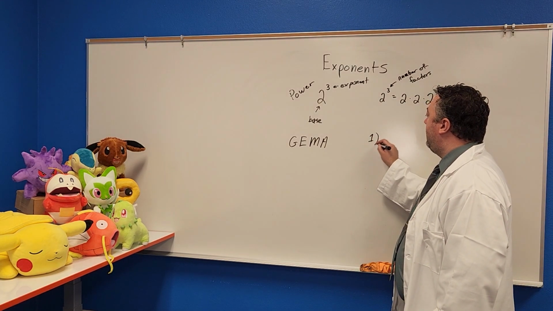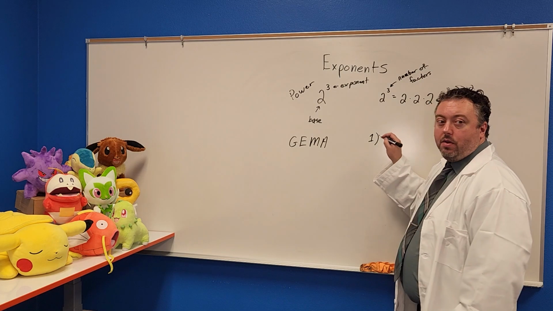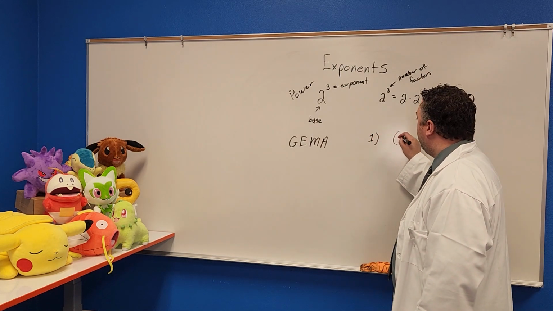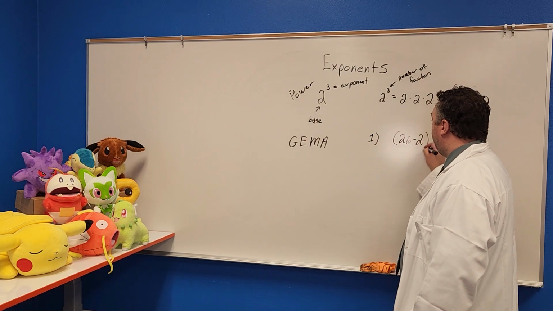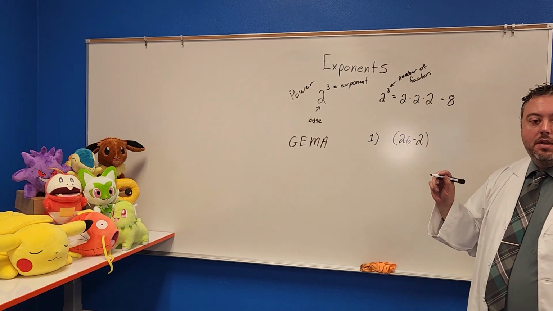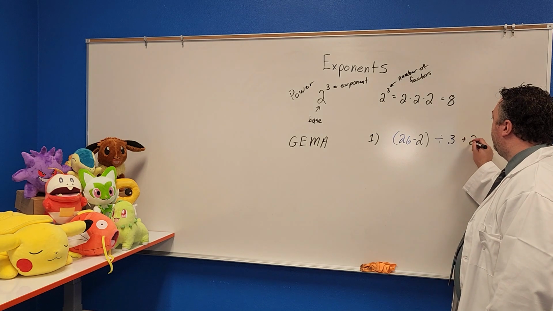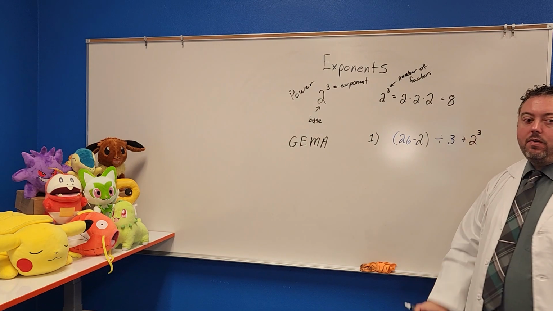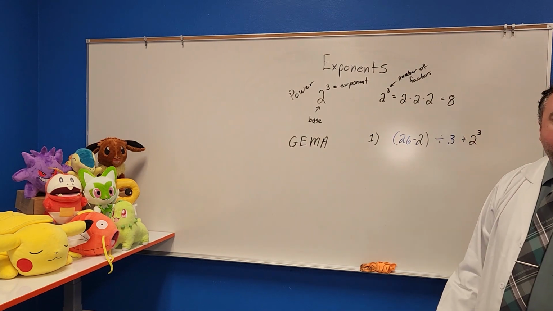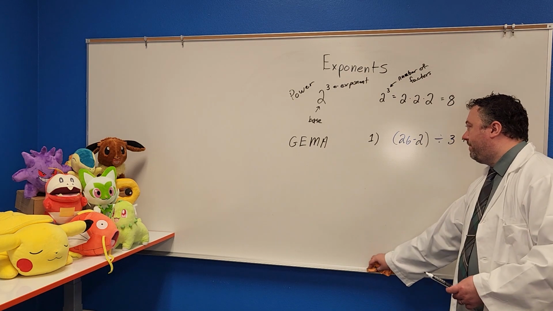We're going to do 2 examples. We have 26 minus 2 in parentheses, divided by 3, plus 2 to the 2nd power.